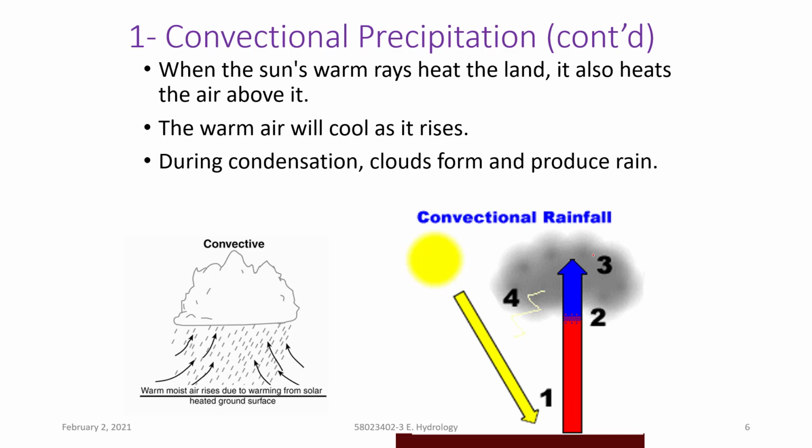When the sun's warm rays heat the land, it also heats the air and also the ground. This is number one. Let's say this is our sun. Because of the sunlight, this land is also heated, and the air here is also heated, and then they travel up.